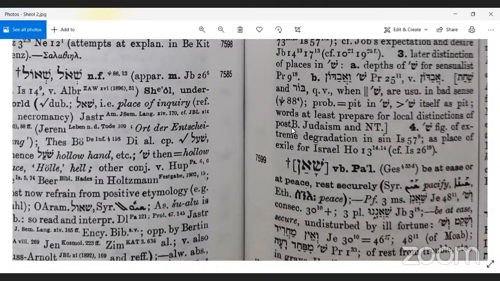Okay, so this is where it's coming from. Post-Babylonian Judaism and New Testament. That explains why they're using New Testament verses, right? Because that's where you find it.